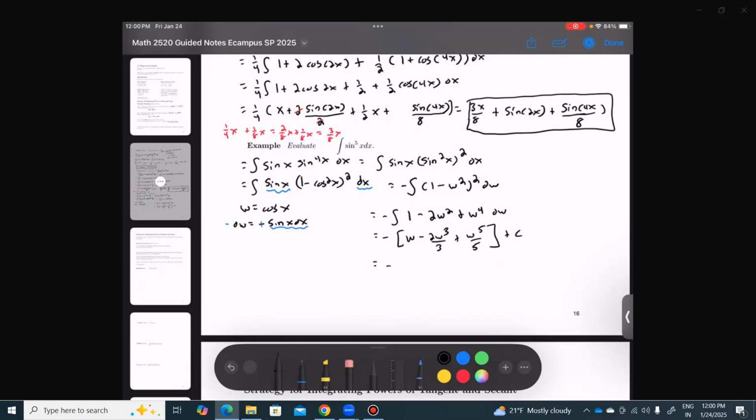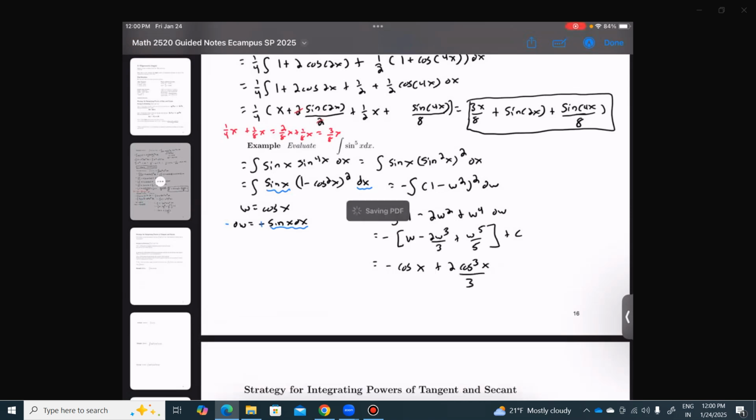So negative cosine x, positive 2 cosine cubed x over 3, negative cosine to the fifth x over 5.